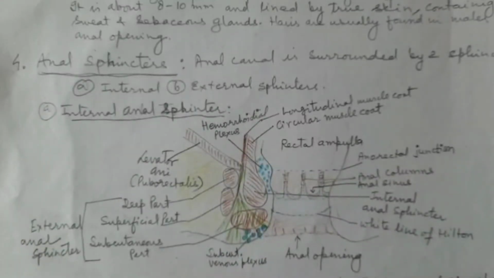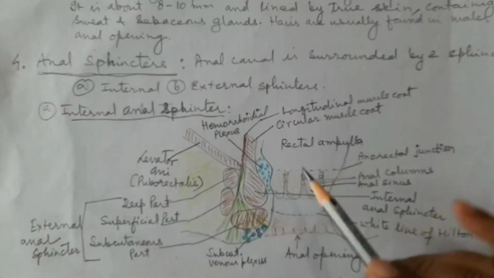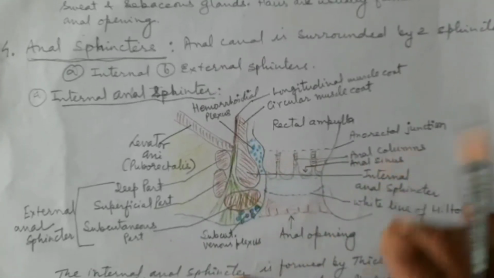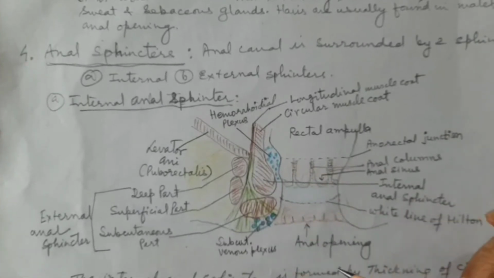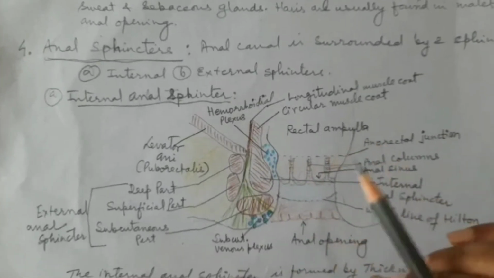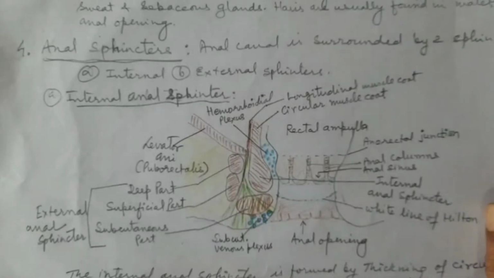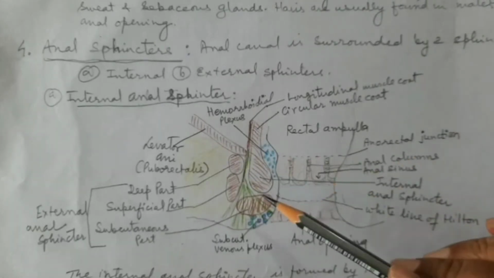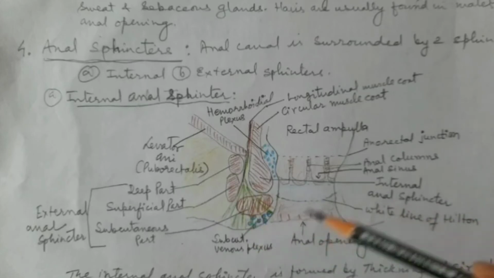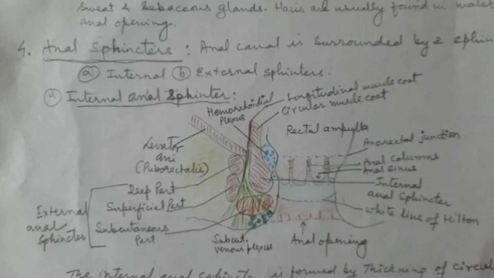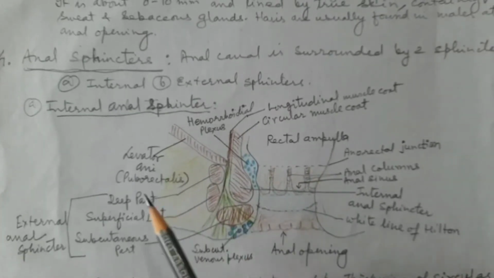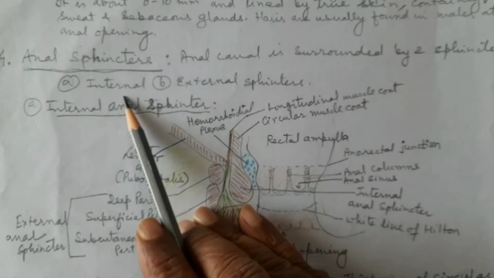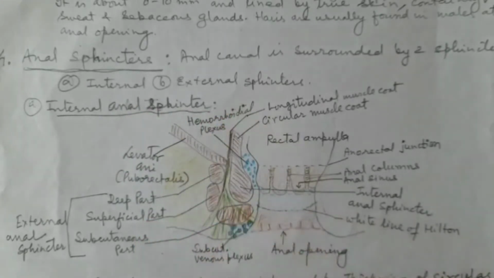Let us now come to the anal sphincter. The anal canal is guarded by sphincters, some of which are made up of smooth muscle and others of skeletal muscle. So some are involuntary, others are under voluntary control. The anal canal is surrounded by two kinds of sphincter, classified as internal sphincter and external sphincter.